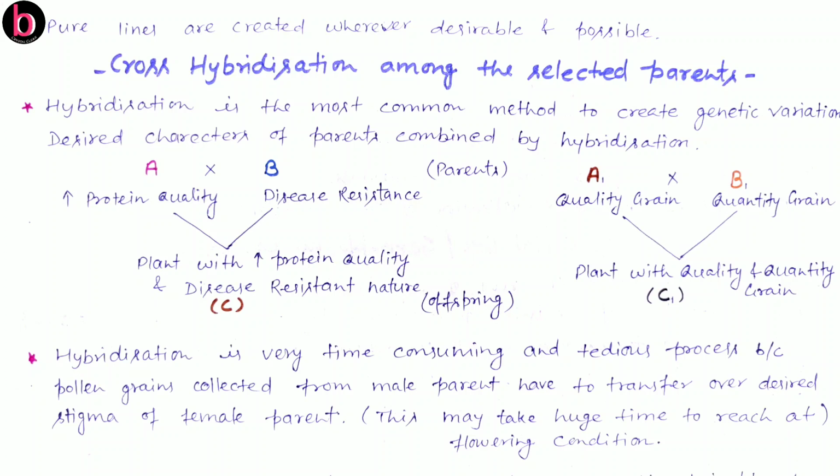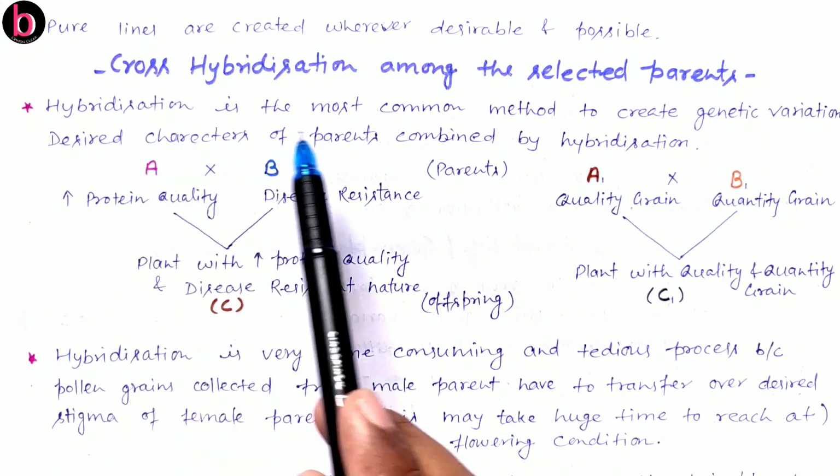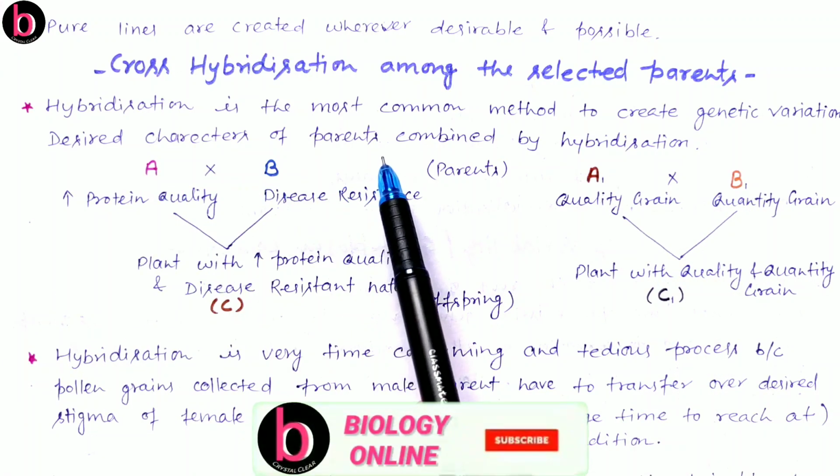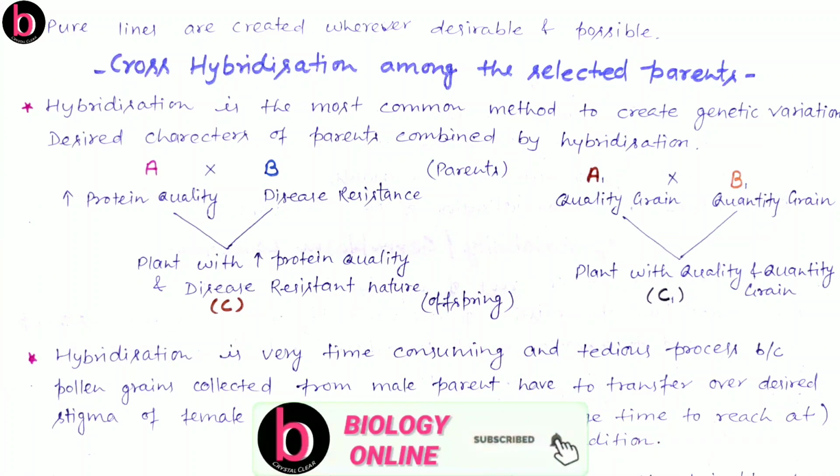These variations are responsible for evolution, or here for the advancement of new varieties. So hybridization is the most common method to create genetic variation; desired characters of parents are combined by hybridization.